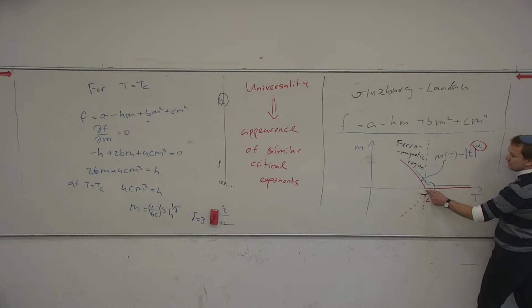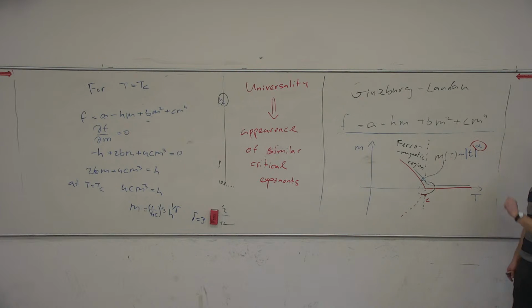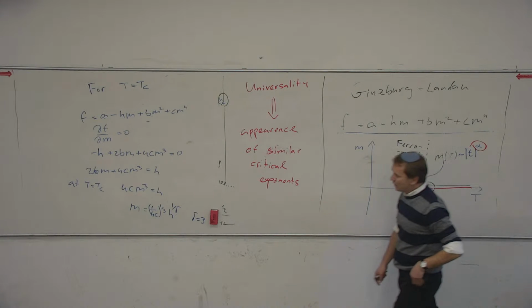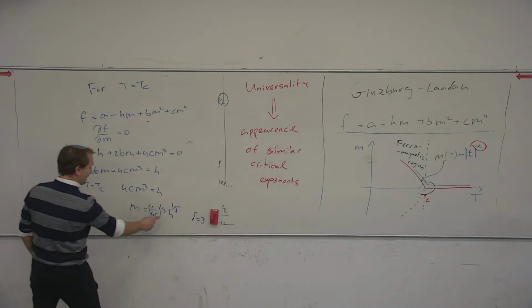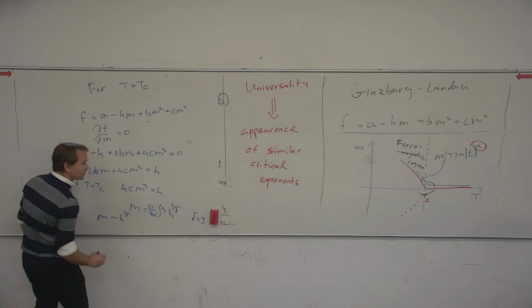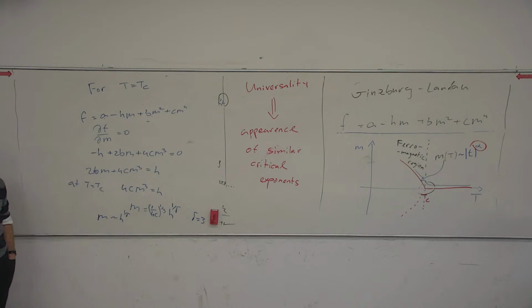So if I want to check if my theory is correct, I look for the critical temperature. I set the system at the critical temperature, and then I start to modify my external field. When I modify my external field, I see that m goes as h to the 1 over delta. And I have almost the same delta for many different systems.